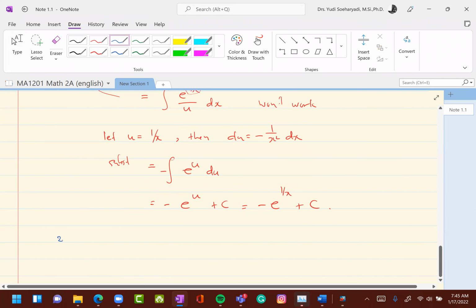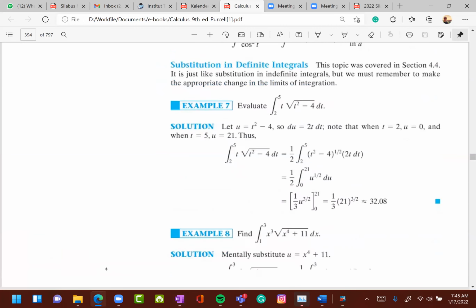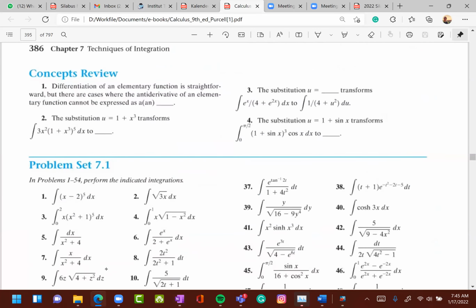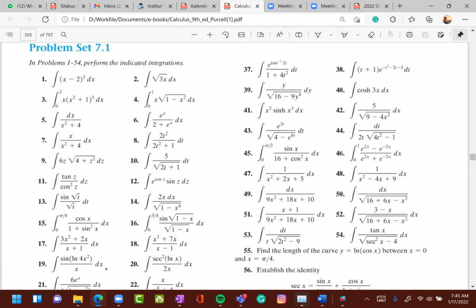Okay, let's do one more thing here. Just take something from the exercise. I won't do the integral, but just show you how to choose u in this case. Okay, let's do this one here, for example.